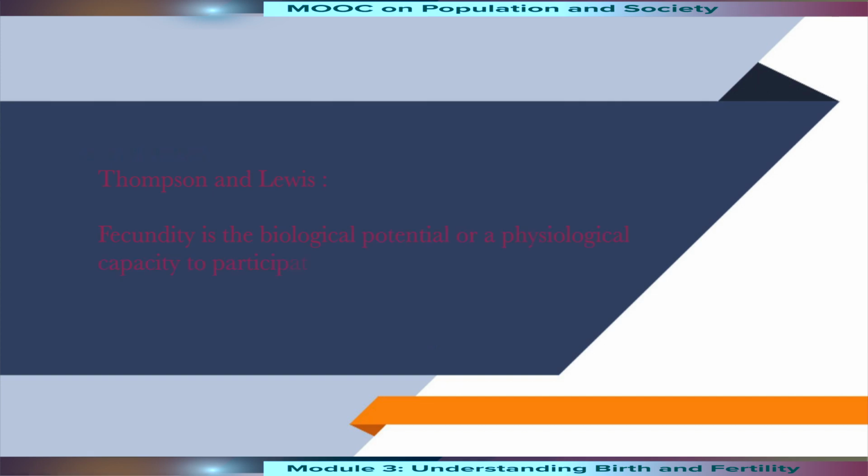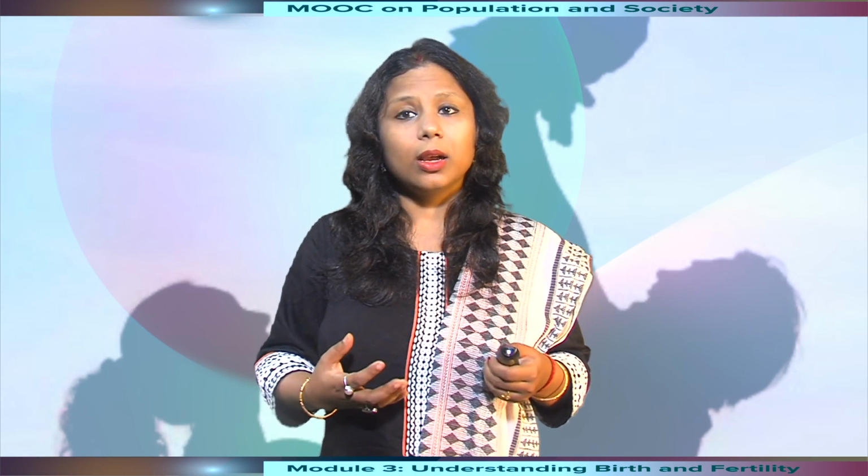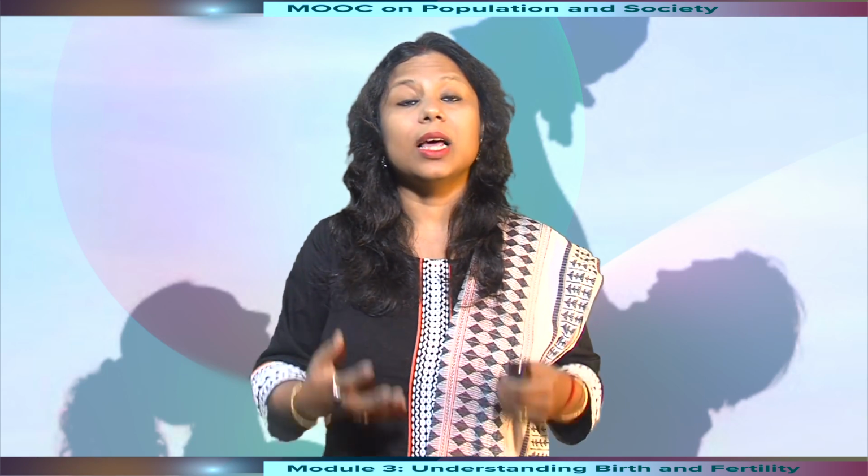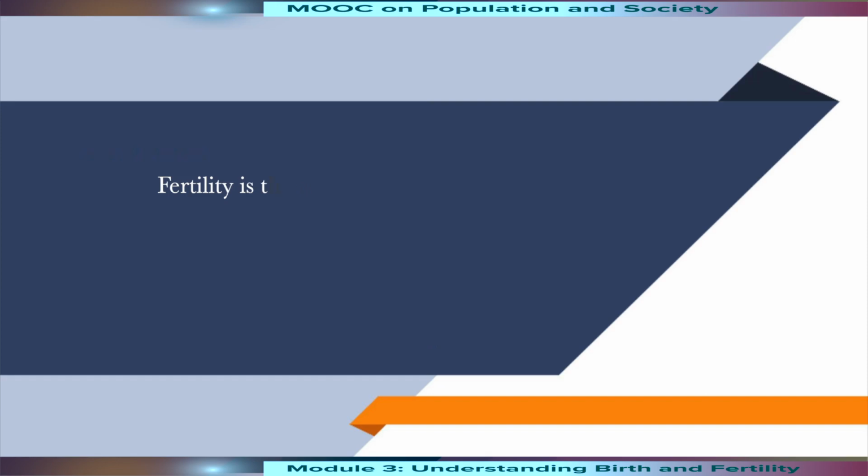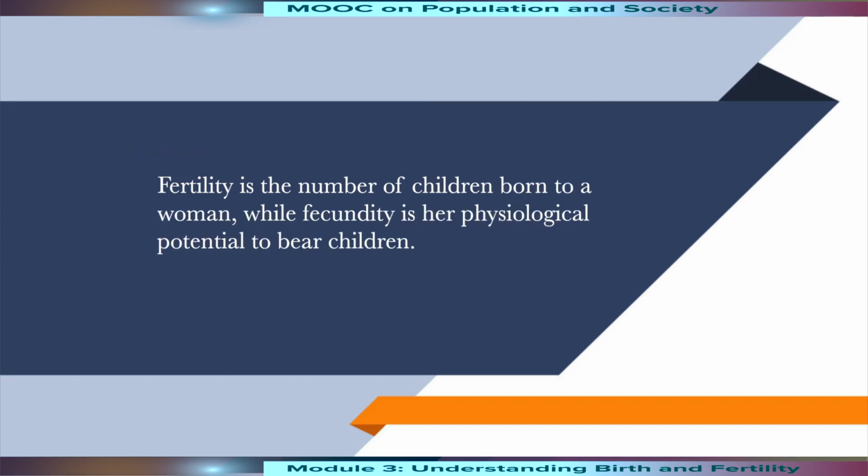Thompson and Lewis have defined fecundity as the biological potential or the physiological capacity of a woman to participate in reproduction. Thus, fertility actually is the result of fecundity. Fertility is the number of children born to a woman, while fecundity is her physiological potential to bear children.